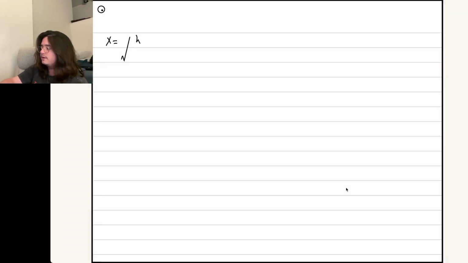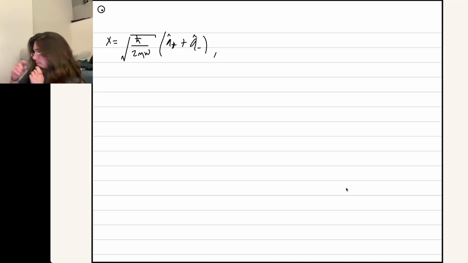So h bar over 2m omega, times the square root of that stuff, times the sum of the raising and lowering operators gives you x, the position operator.